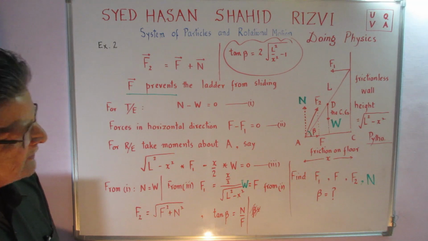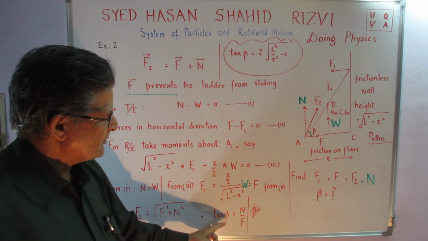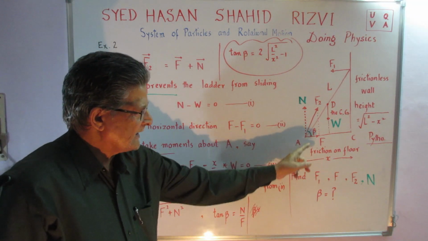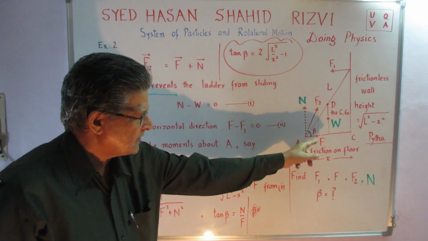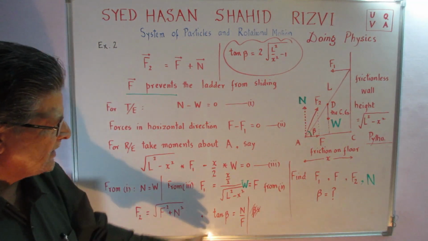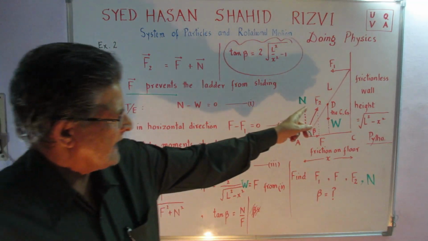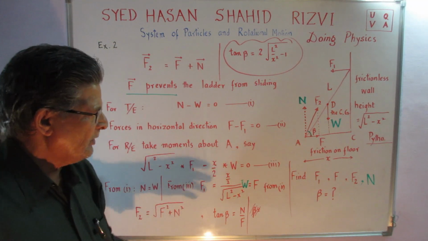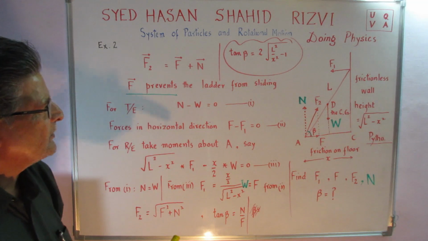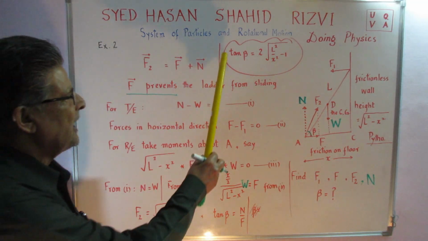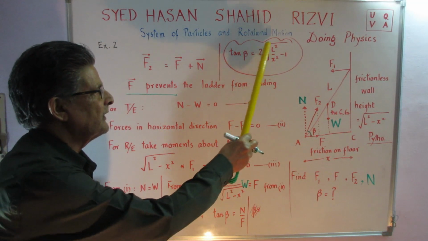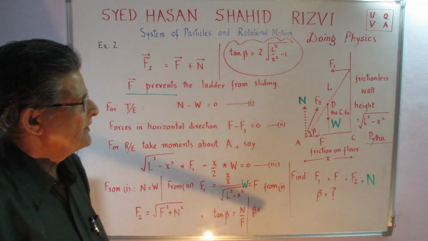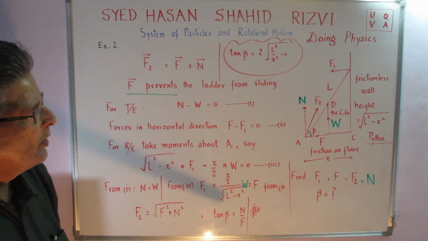And we can see that the tangent of beta, this angle that this force F2 makes with the horizontal axis, tangent of beta is equal to N divided by F. Very simple. And when I calculate, I find the value of tan beta is equal to 2 under root of L square upon x square minus 1.